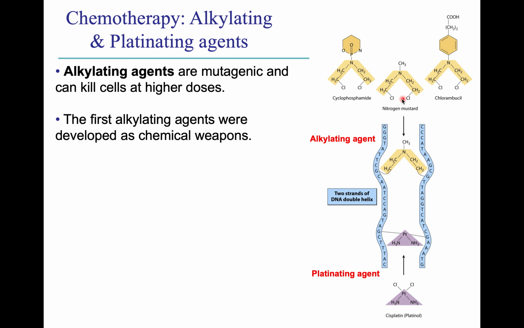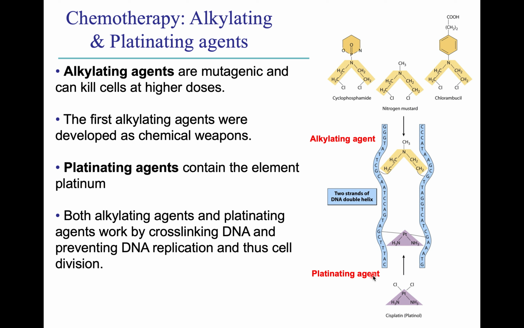These would be things that were first developed really as chemical weapons, something like nitrogen mustard gas. But it was later discovered that they could also be used to kill dividing cells intentionally. Platinating agents work in a similar way. They're so named because they contain platinum at their core. But yeah, what I want you to know, these are cross-linking agents, block DNA replication, and hence progression through the cell cycle.